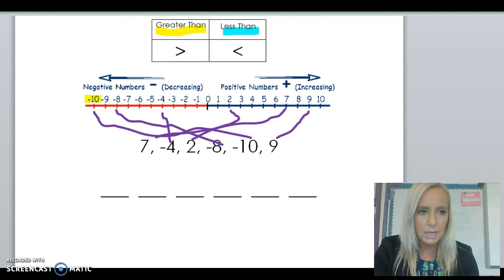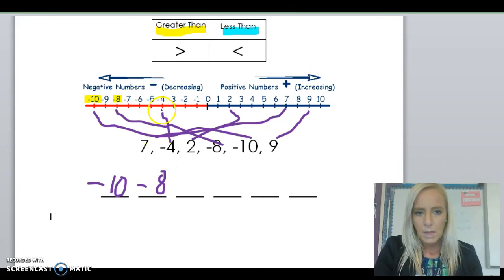That's the smallest. Next would be -8, because that comes next on my number line. Then I have -4.